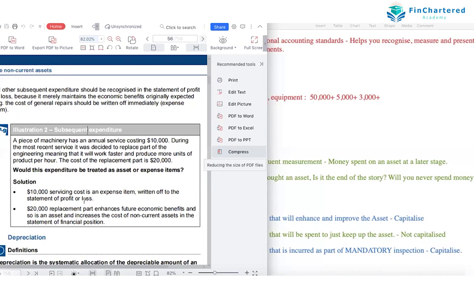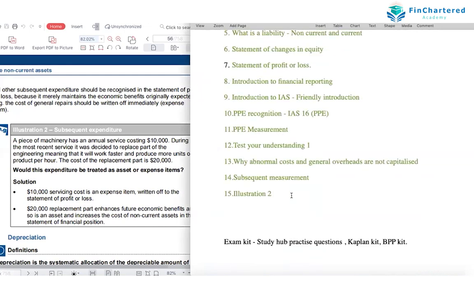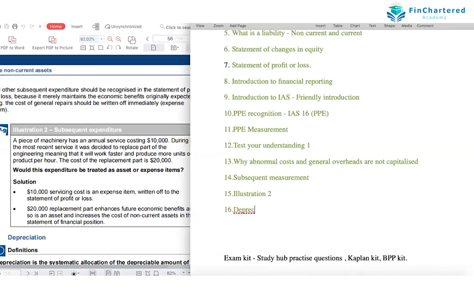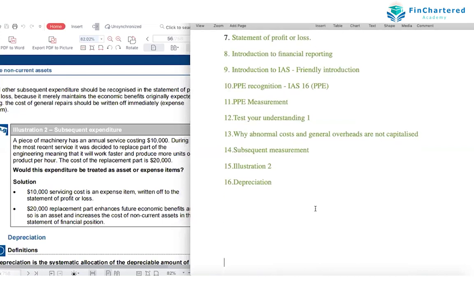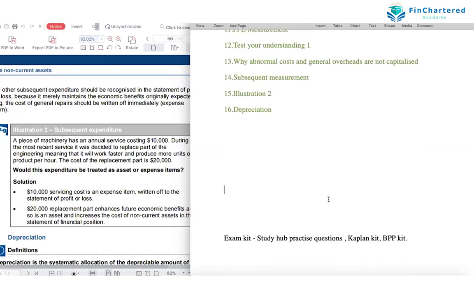Now we move to the next part of the class, which is the next topic basically, which is depreciation. Now again, I'll explain depreciation with the help of a simple example.